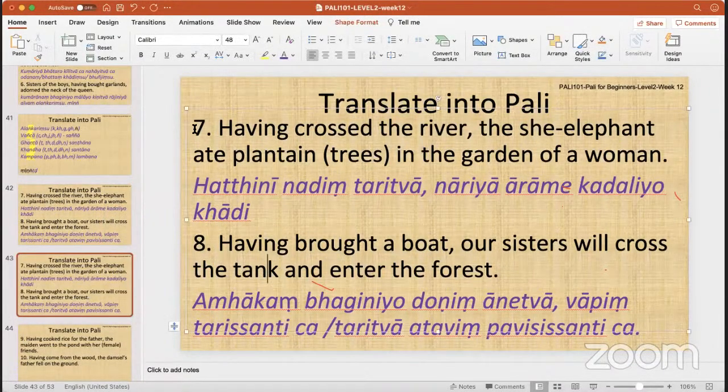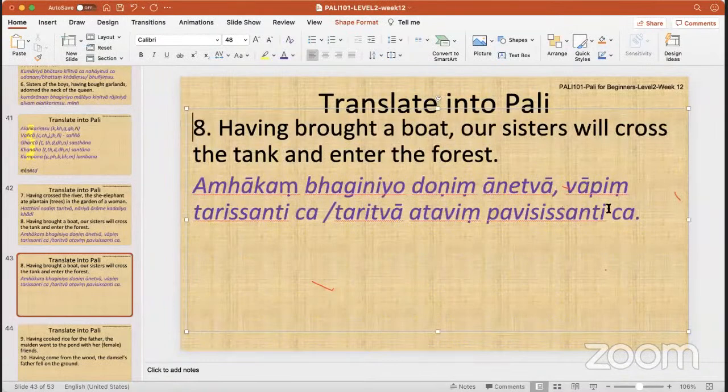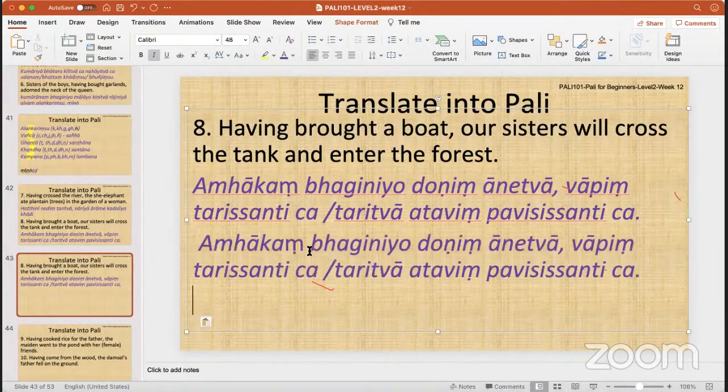Do you want me to repeat it? Bante, can I ask you something? Yes. When you say enter the forest, usually we say enter in the forest. So where is the "in" in the forest? That means it is a dutiya, not a saptami.